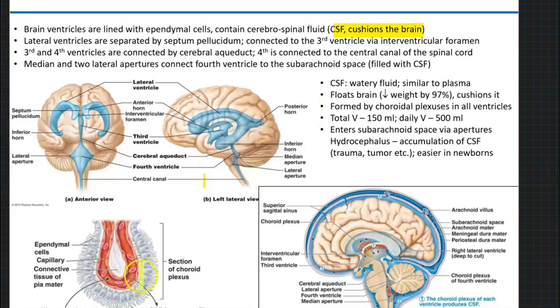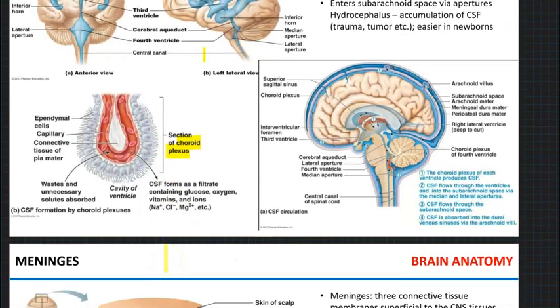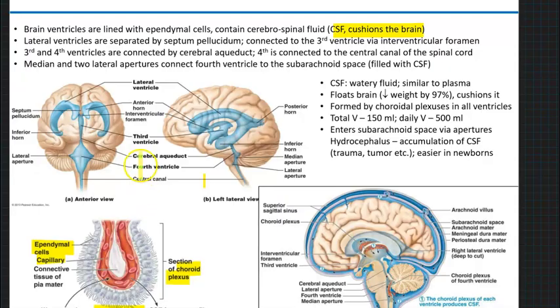Cerebrospinal fluid is produced in the choroid plexuses, shown here at the bottom. In the choroid plexuses, ependymal cells form a barrier between the blood, the capillary, and the cavity of the so-called brain ventricles.